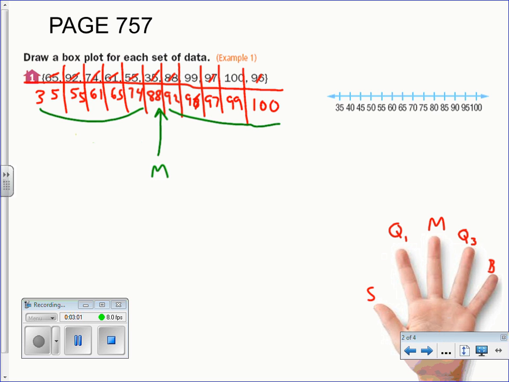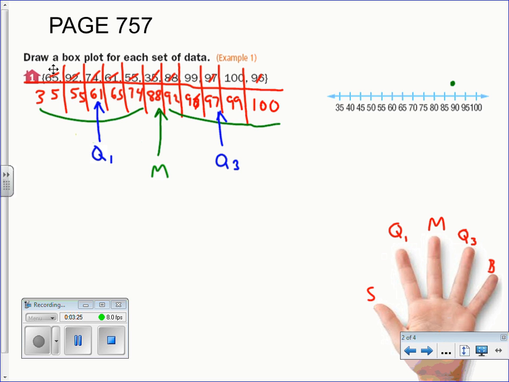All right, so that's going to be our first point on the box and whisker plot. So I put a dot over 88, which would be a little bit closer to 90, but in between 85 and 90. Now I need to find quartile 1, that's the middle of the lower half. There's quartile 1, and quartile 3, the middle or median of the upper half. So now I've got all my information.